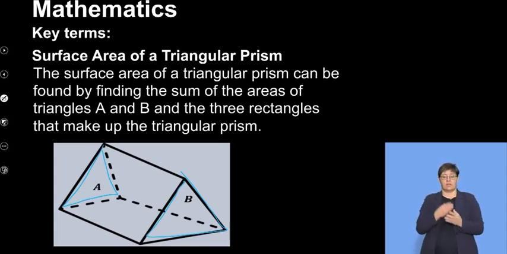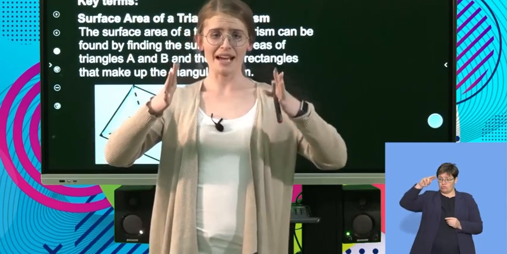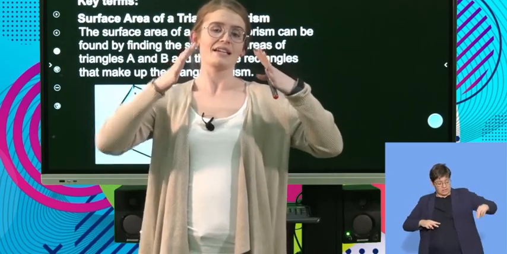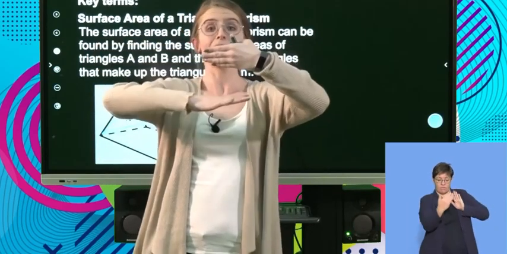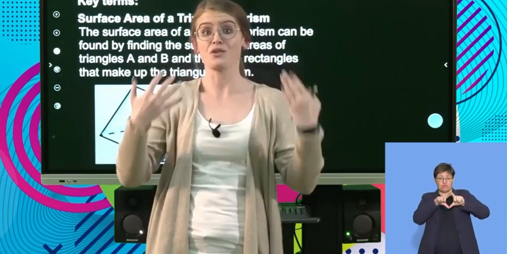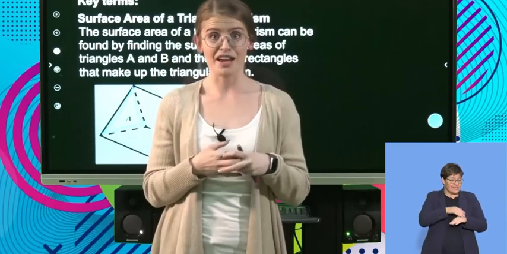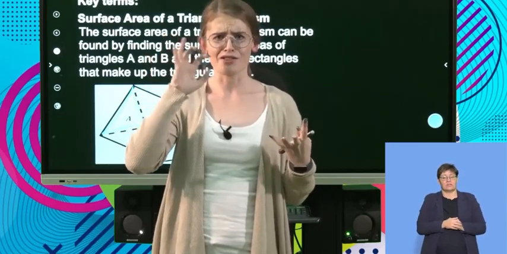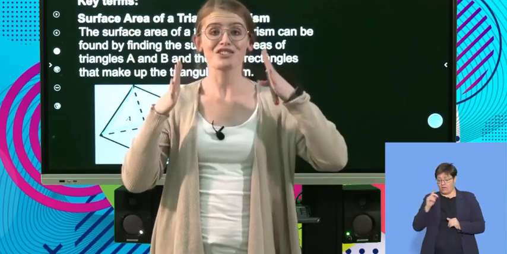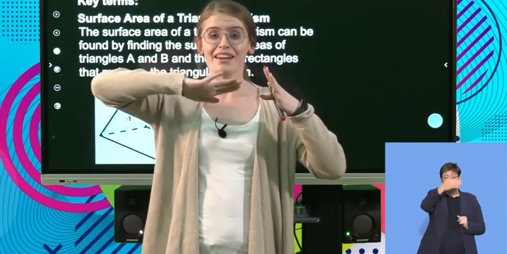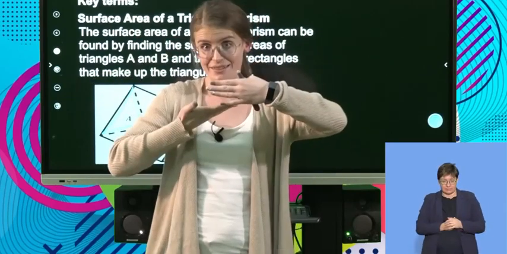So for a triangular prism, you have a triangle on one side and a triangle on the other side. Then you have 3 respective rectangles that comprise the rest of the triangular prism. So in order to calculate the surface area of the triangular prism, I need the areas of the 2 triangles and the areas of the 3 rectangles.